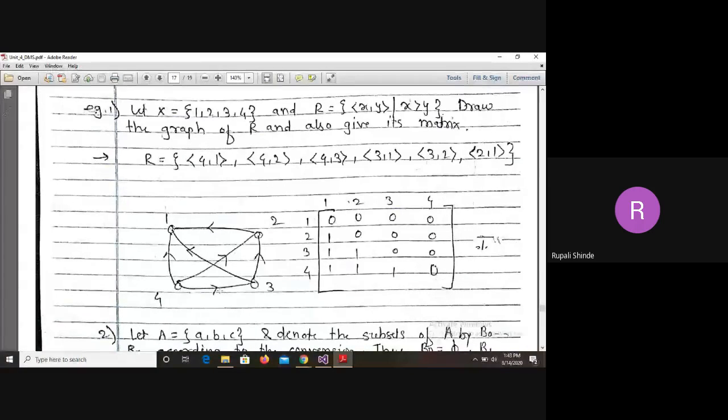The meaning of this arrow is very important: it starts at 4 and ends at 3. Now (3, 1): starts at 3, ends at 1. (3, 2): starts at 3, ends at 2. And (2, 1): starts at 2, ends at 1. In this way we can represent any relation with the help of a matrix and a graph.